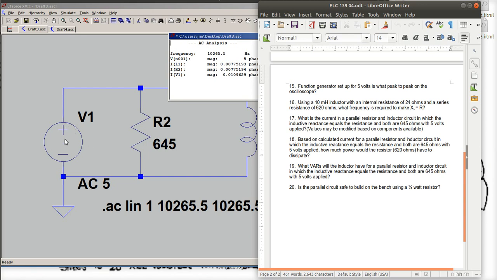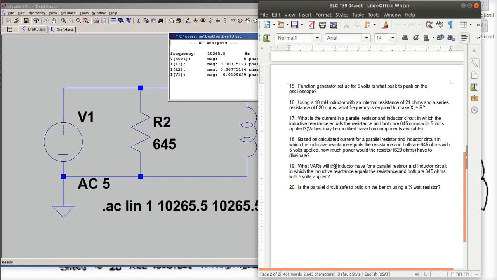Or I could take this voltage, which I know is 5 volts, and I could take the current through my resistor and get the value for the power as well. I do have to respect phase there, though. Yeah, it's better to do I squared R always.